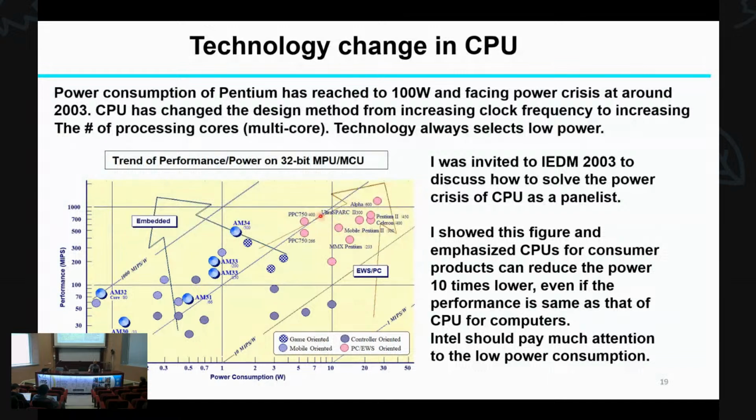This is a Pentium CPU for PC, and this is the embedded CPU, Panasonic level. It has ten times lower power, even though the performance is the same. So Intel should pay much attention to low power consumption and change technology to multi-core.